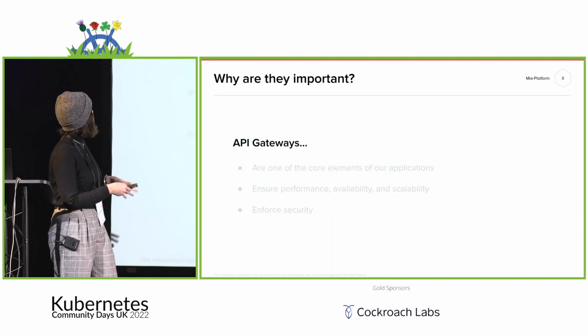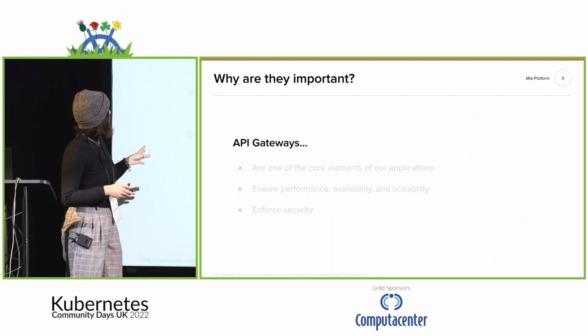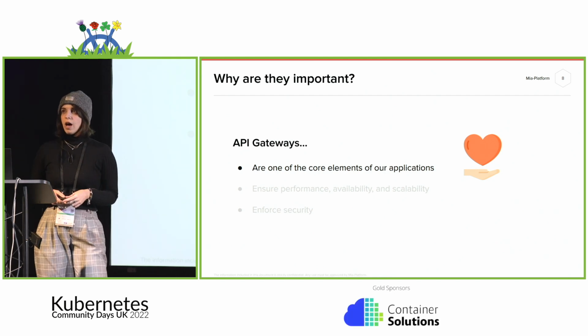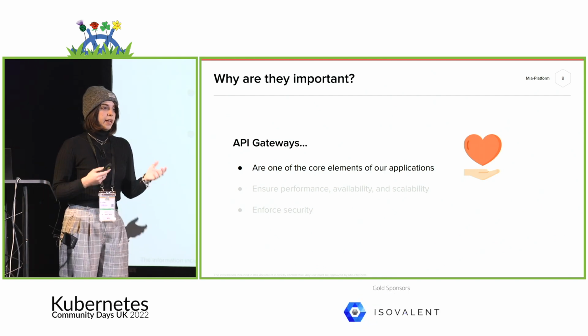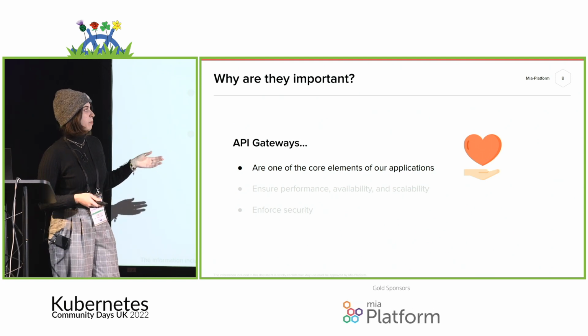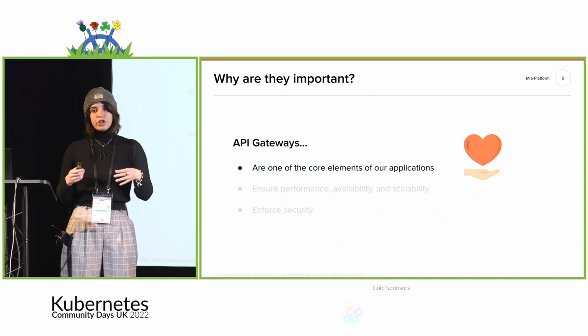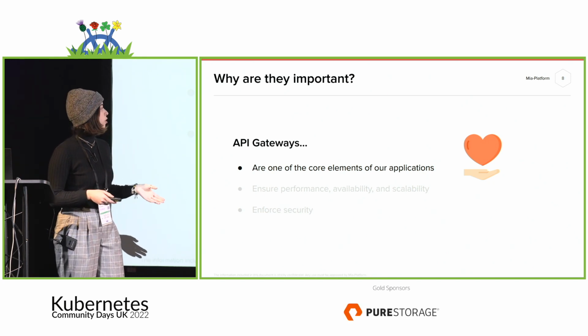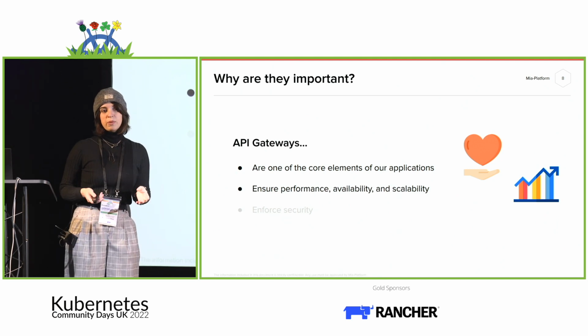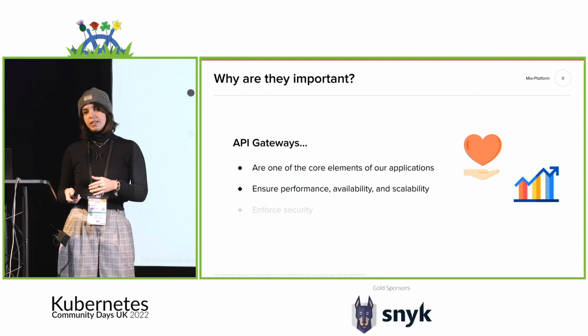So let's summarize the few things that we already said. What are API gateways? They are one of the core elements of our applications, since they are the entry point to our microservice architectures. And as we already mentioned, they help us manage and orchestrate the traffic with the outside world. Then they help us ensure performance, since a performant API gateway means that we are reducing the latency of our requests.